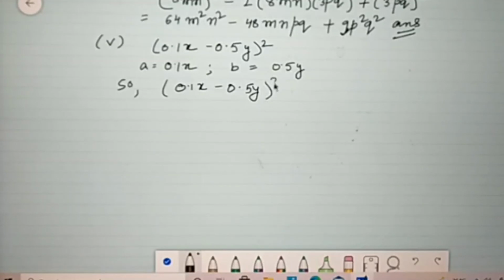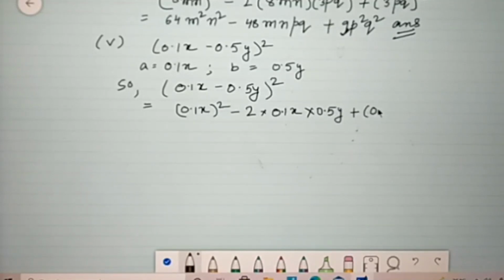Put identity 2. This is equal to (0.1x), the term 1 square, then minus 2, a is 0.1x into b is 0.5y, and plus (0.5y), this is the second term whole square.